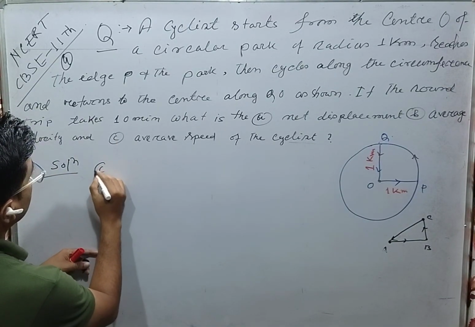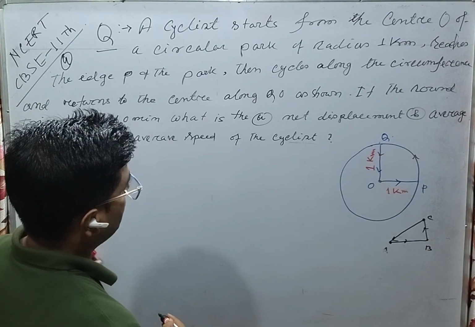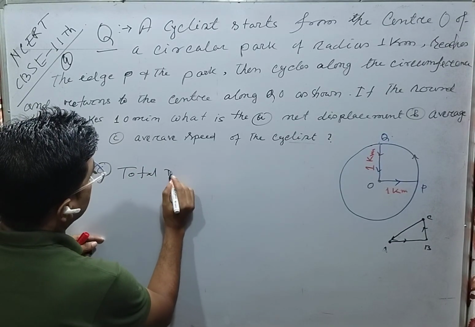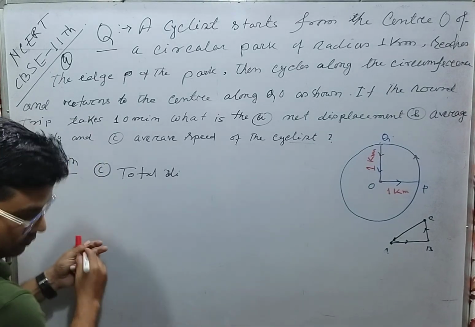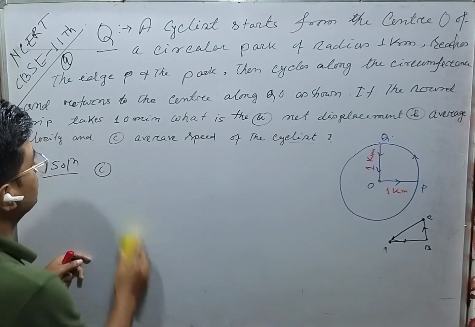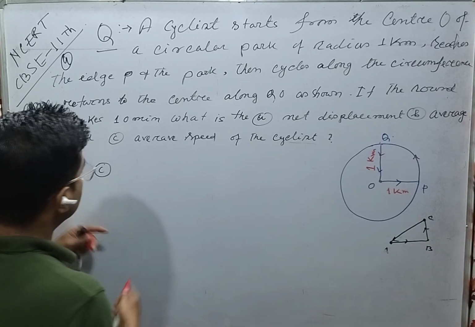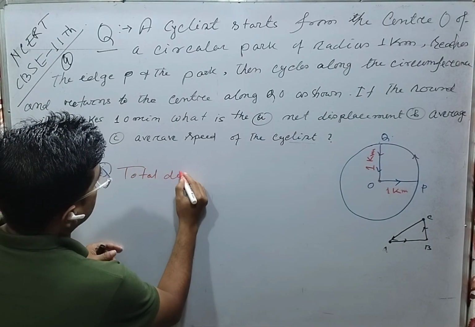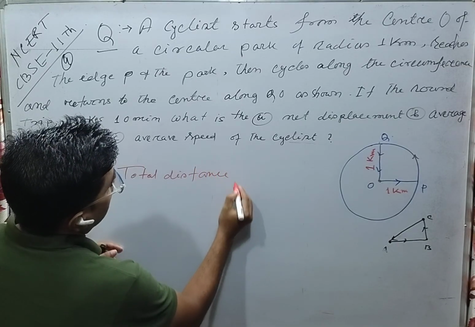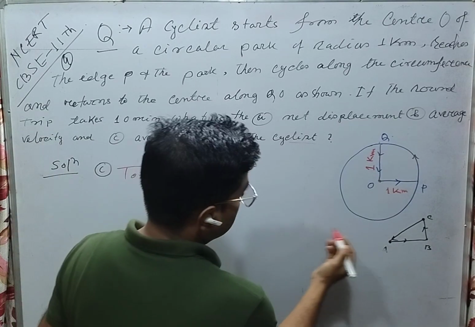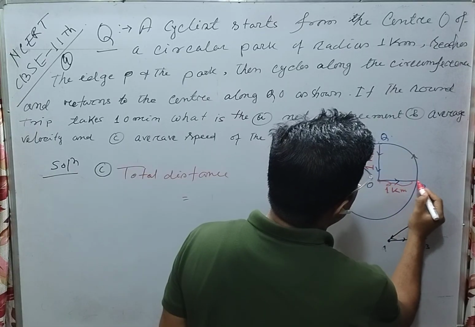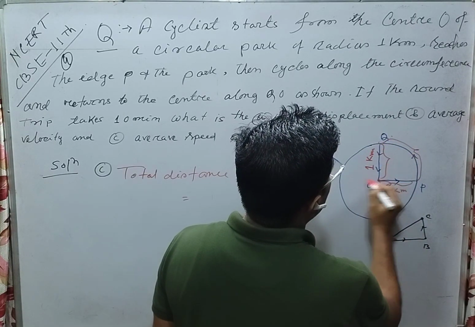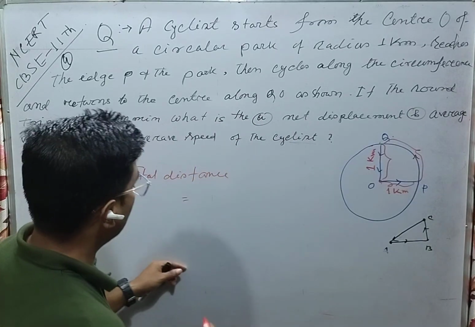For question number C, the total distance is equal to OP plus PQ plus QO.